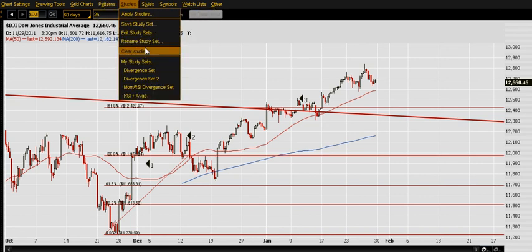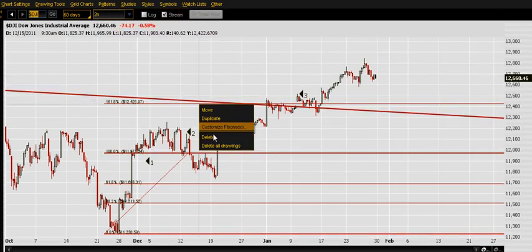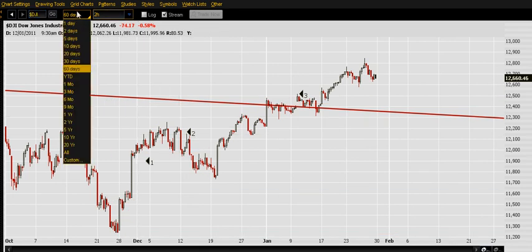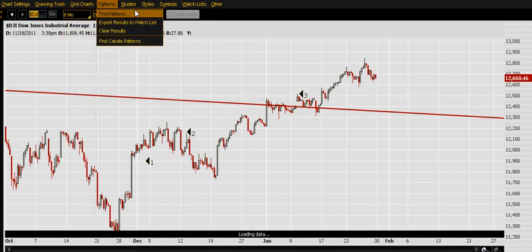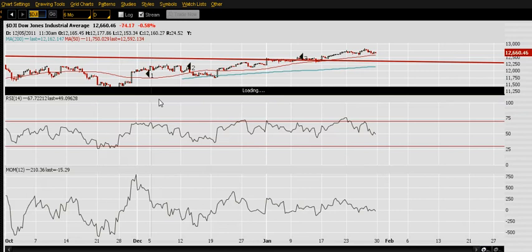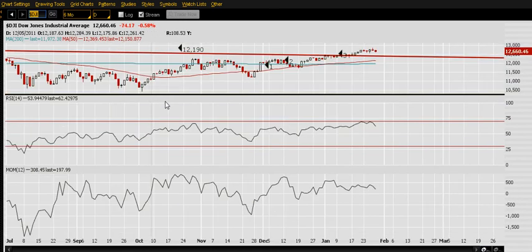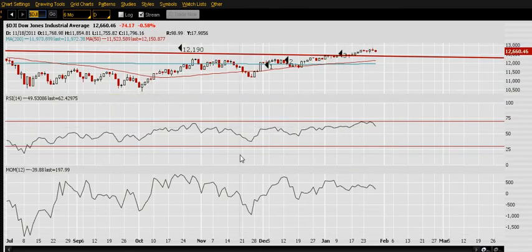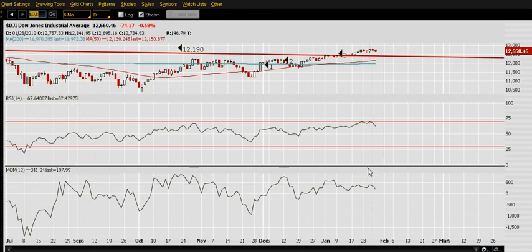Traditional analysis: if I get rid of everything and just go to a simple daily chart, it's pretty obvious that we're starting to have trouble. As you see, the momentum topped right here and has been declining ever since. In addition, take the triangle, or just take trend lines, they're breaking through.